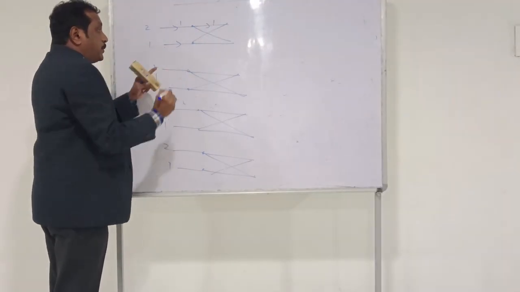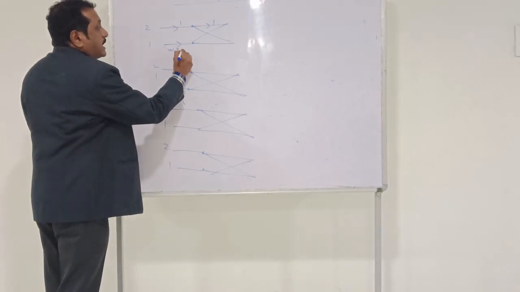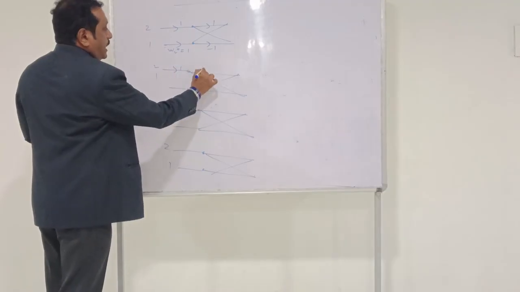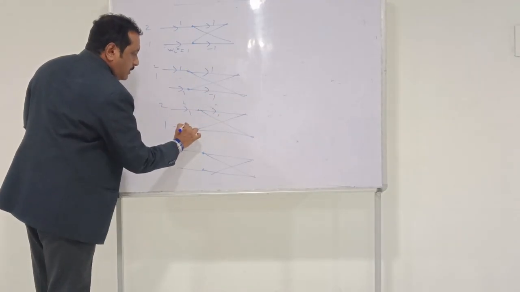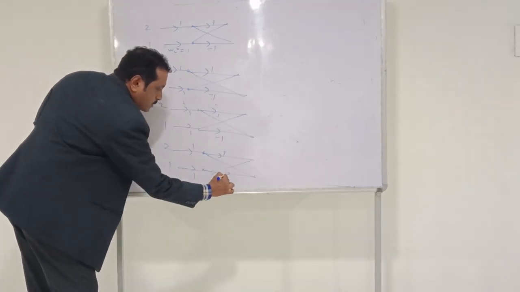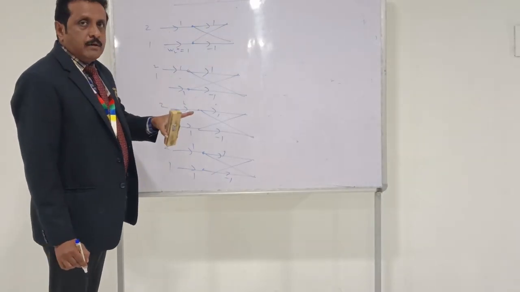Here it is 1 1, and the twiddle factor value is W N by 4 power 0, that is W 2 power 0, that is 1, and here the multiplication factor is minus 1. So 1 1, and here 1 minus 1, and so on for each graph. For each graph we need to find the output of each line.